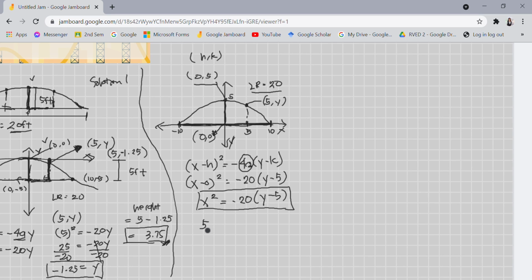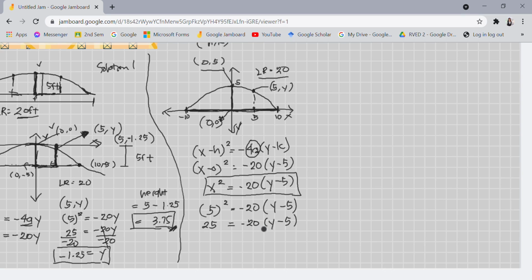We have 5 squared is equal to negative 20 times (y minus 5), y is unknown. And then 5 squared is 25 equals negative 20 times (y minus 5). In this case, since ito ay multiplication, we can isolate the group by dividing both sides by negative 20. So, 25 divided by negative 20 is still negative 1.25. Same like dun sa kanina. Cancel yung negative 20, will be left with y minus 5.